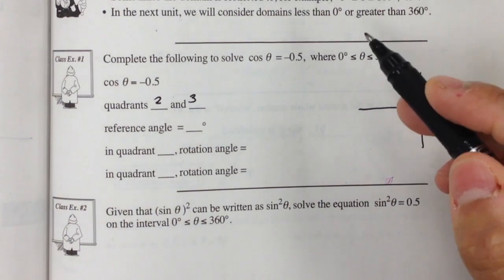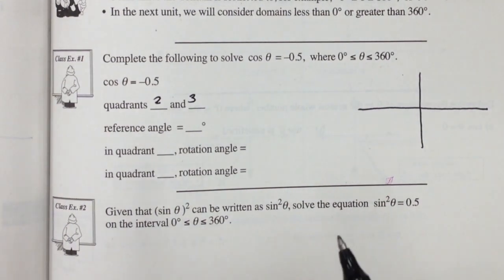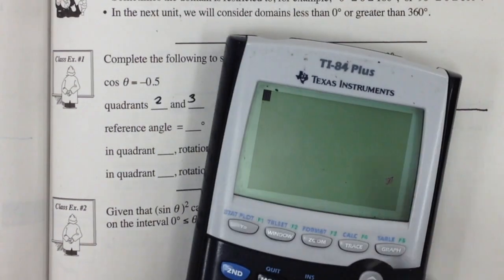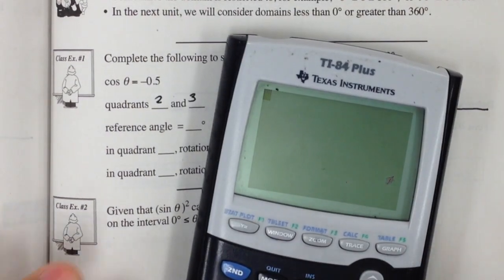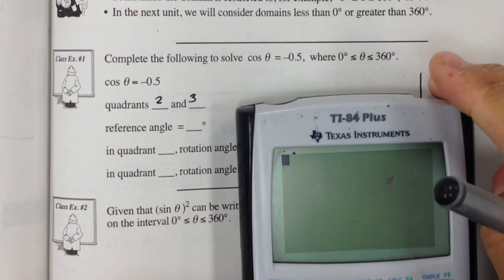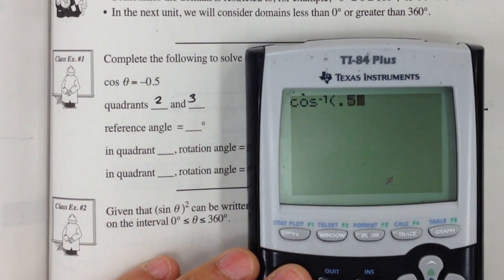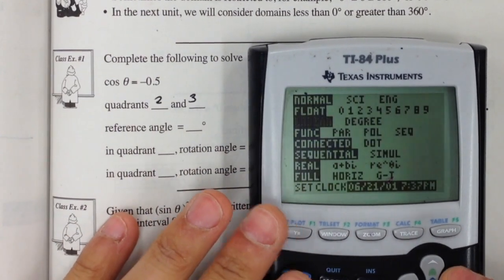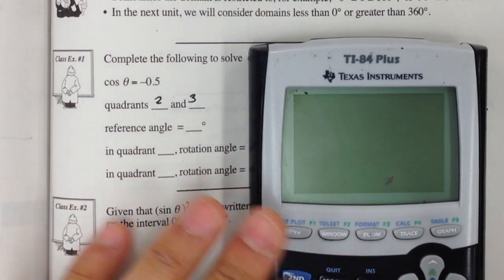In this lesson, what we're going to be looking at are the inverse cosines. If we're given the ratio of 0.5 and we want to find the angle, first of all, make sure that if we're looking for degrees, we're in degrees.